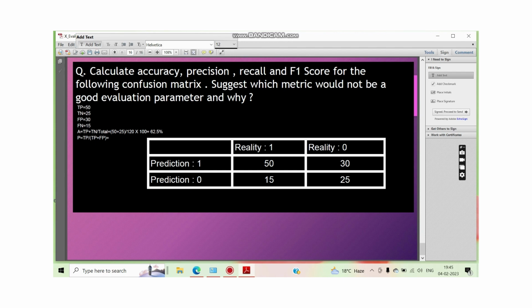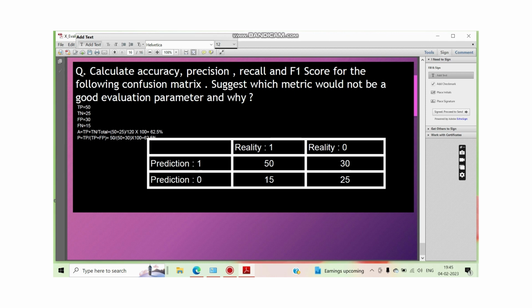True positive is 50 divided by the sum of true positive and false positive, that is 50 plus 30. And the whole thing should be multiplied by 100. So what will it give us? It will give us again the same thing, that is 62.5%. Right? 62.5% will be the answer for precision.